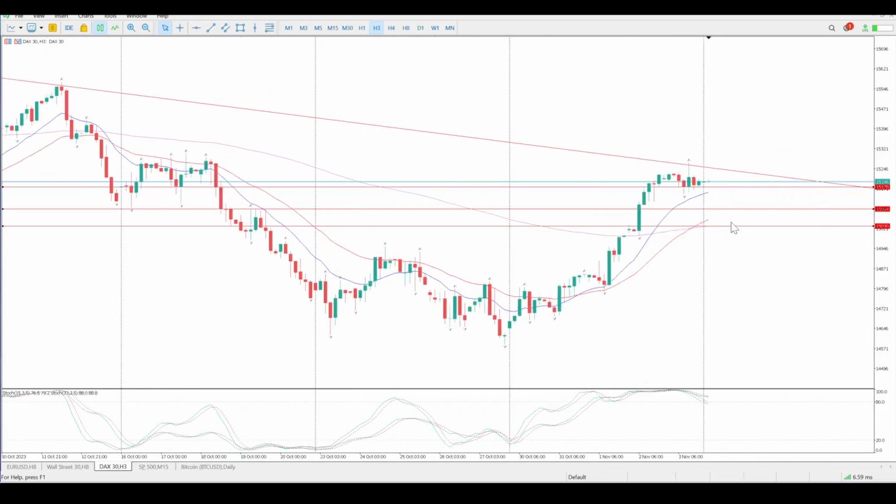If we take the 3-hour, and you have a very careful look here, you can see it looks like we're going parabolic, and we've broken this parabolic curve. I don't have a curve tool on this, but if you draw a line like that, you'll see there's a curve. We are grouped to the upside.